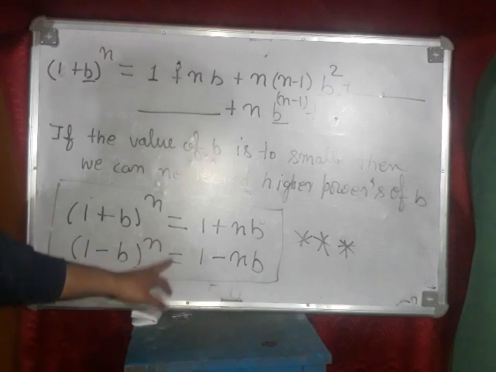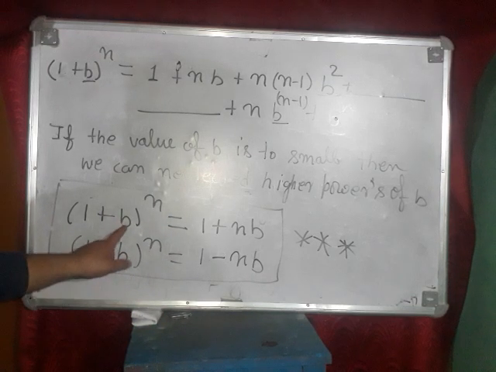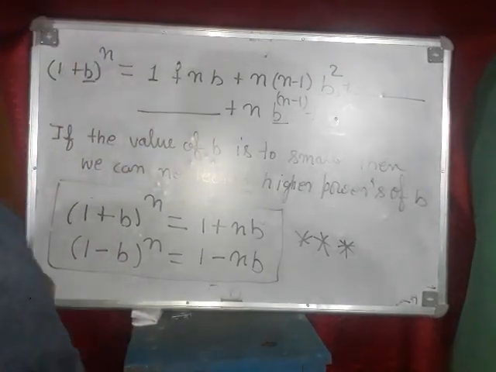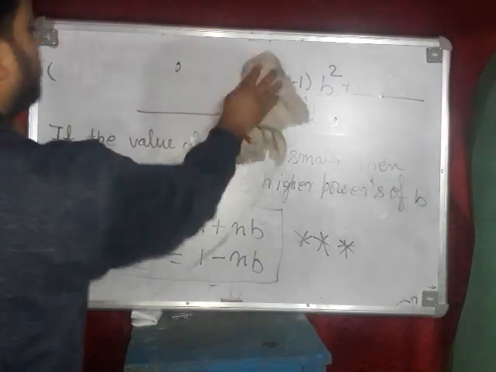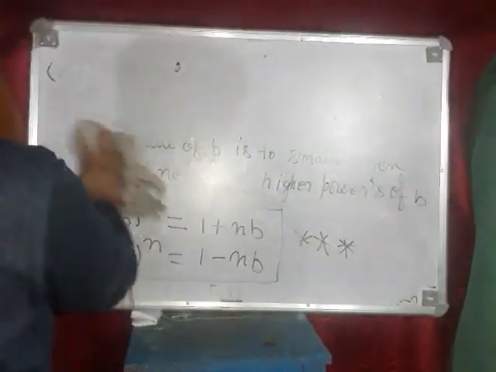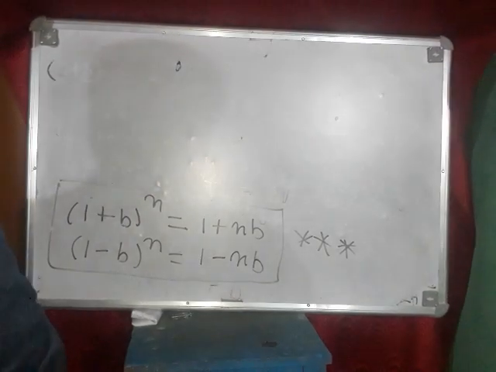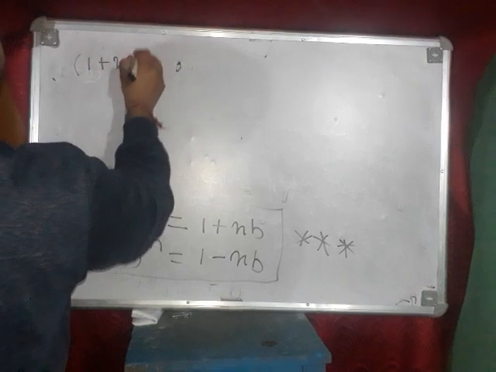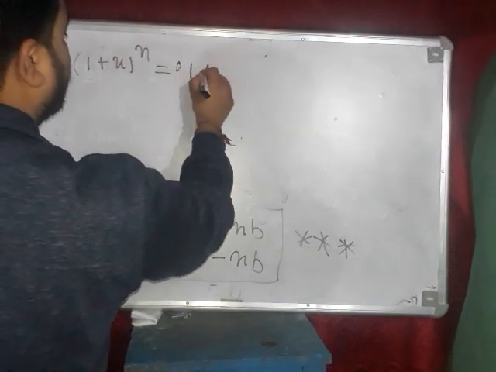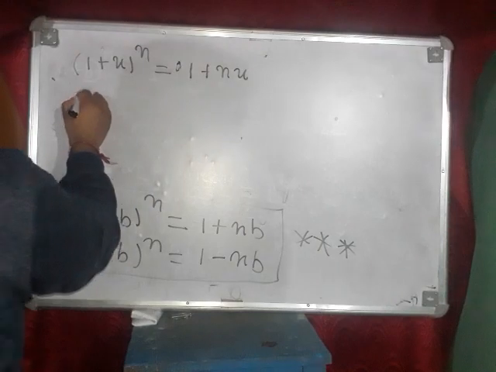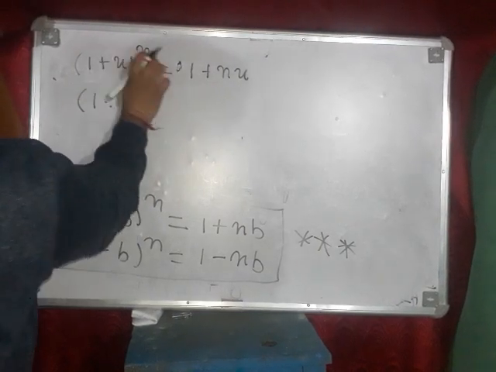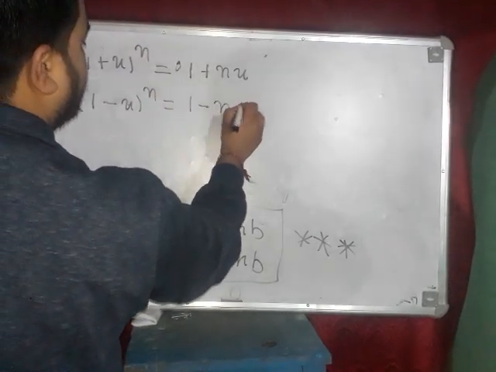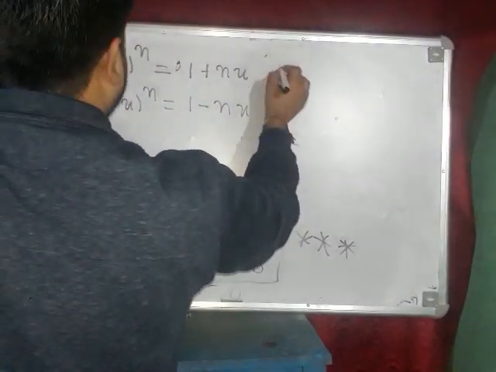This formula holds if the value of b is too small. Similarly, (1+x) to the power n comes 1+nx, and (1-x) whole to the power n comes out 1-nx.